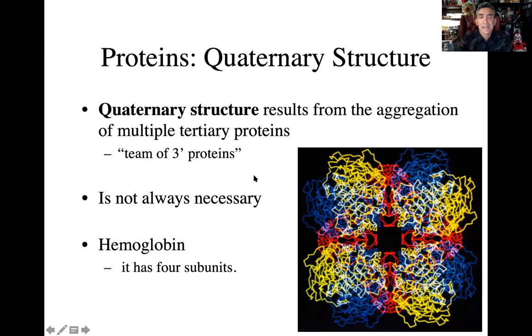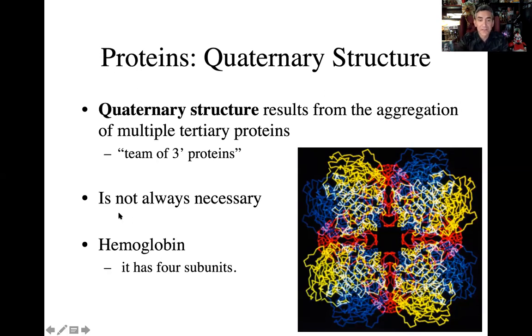So the quaternary level, quaternary structure, results from the aggregation of multiple tertiary proteins. See if this makes sense. You have a tertiary protein that can do its job, it's functional, but it may decide to team up with another tertiary protein, and that we would term a quaternary aggregation.